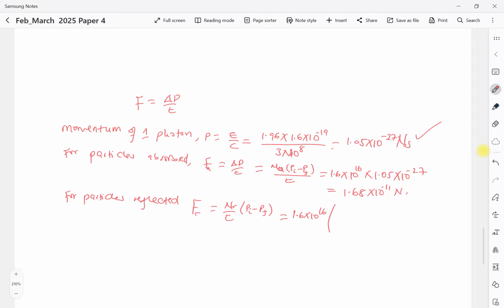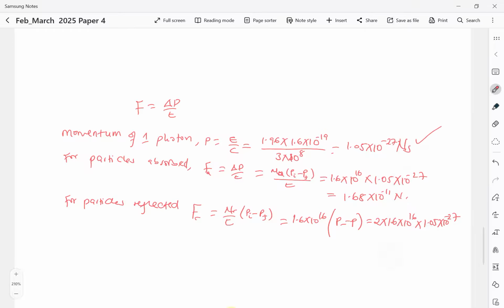Then the momentum change was P minus negative P because we assume that the collision is elastic. The second minus is because reflected means in opposite directions. So P minus negative P is the same as 2P. So it becomes 2 times 1.6 times 10 to the power of 16, then times P, which is 1.05 times 10 to the power of minus 27.